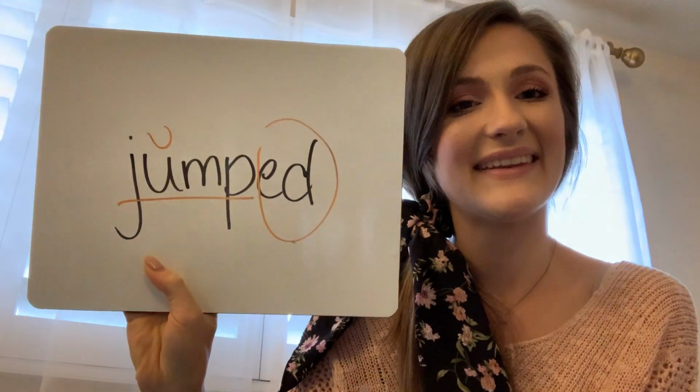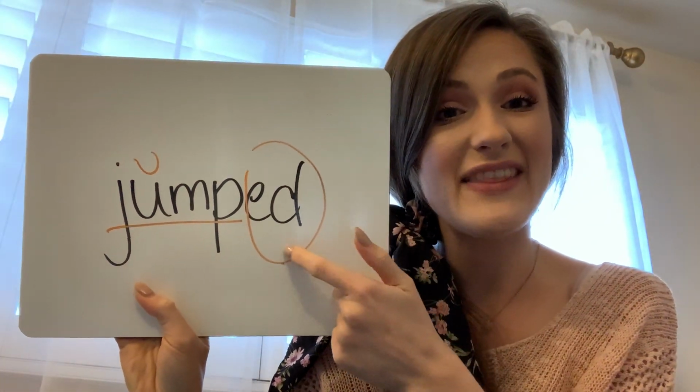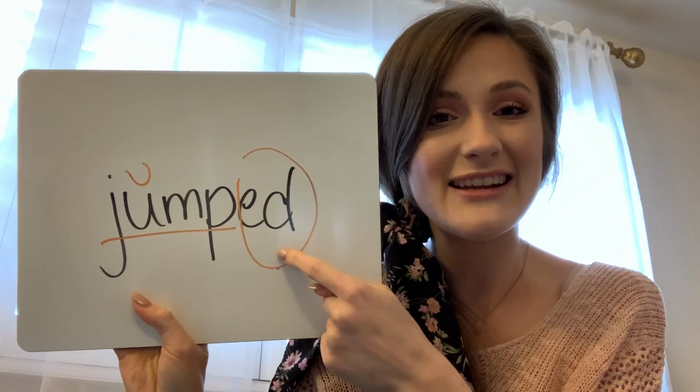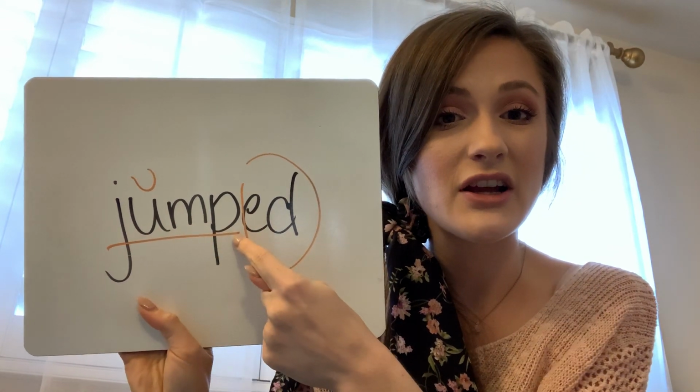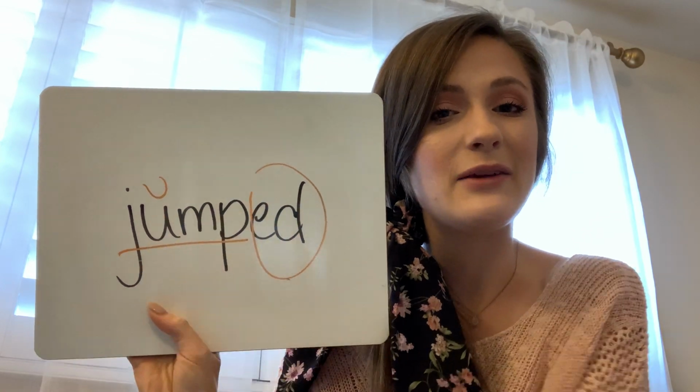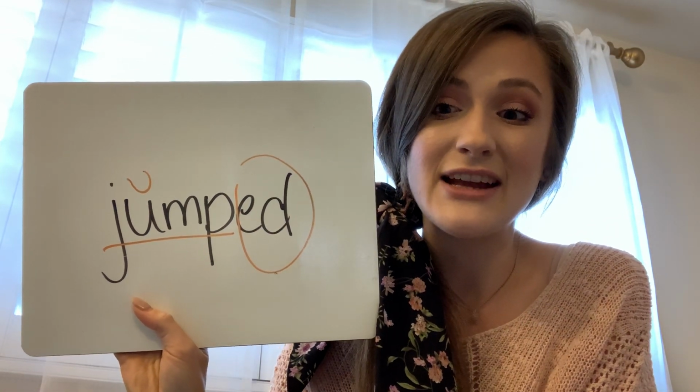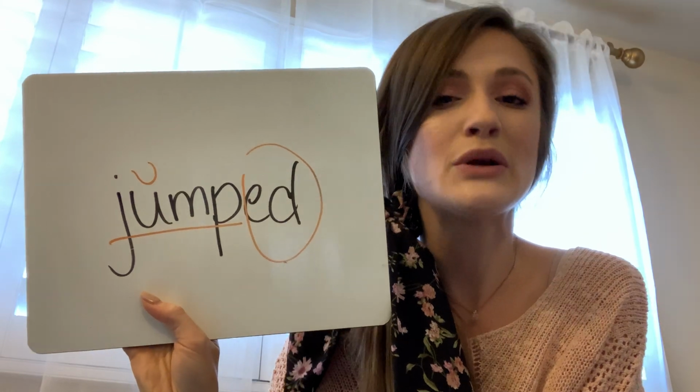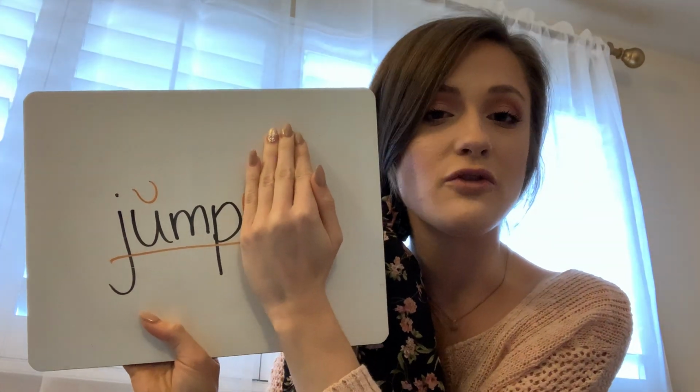Okay, did you circle and underline these things? Now, did you find the ed? Great job if you did. And did you underline this word here? That's the root word, yes. And then I put a little smiley above my vowel right there because I knew that it was going to be a short sound.